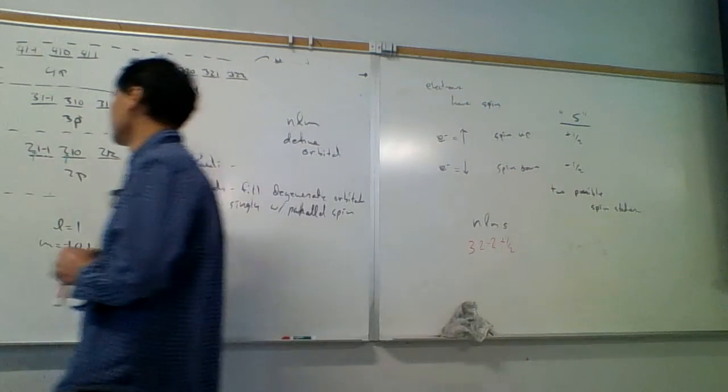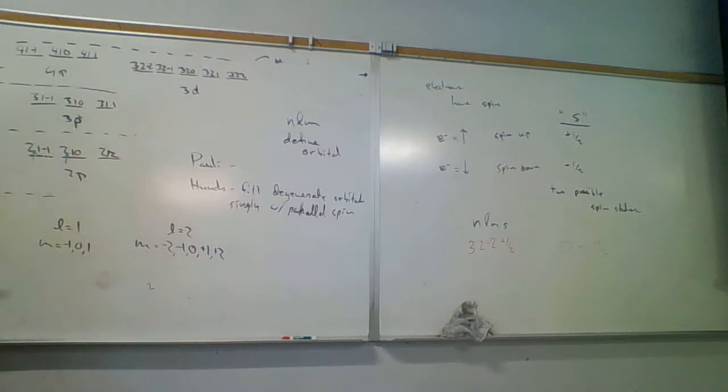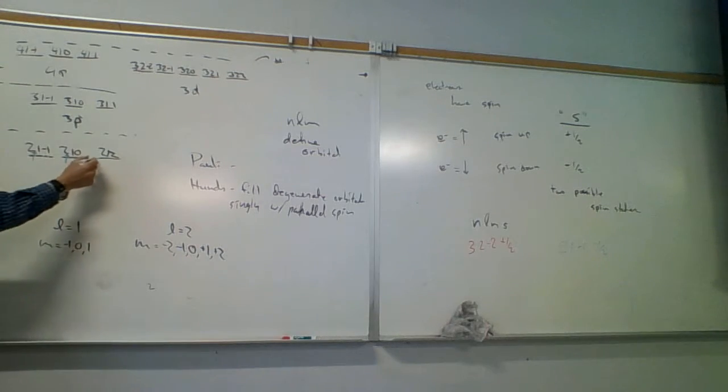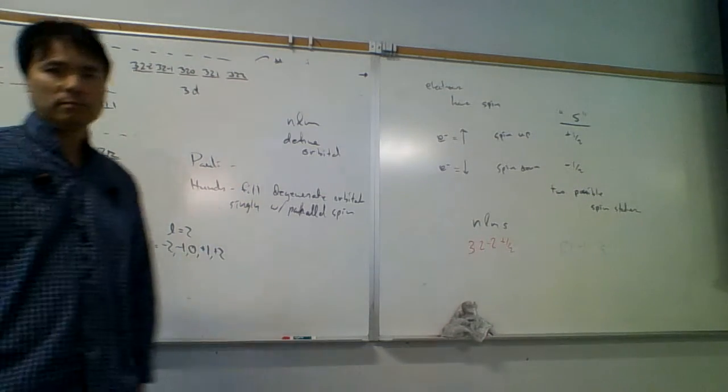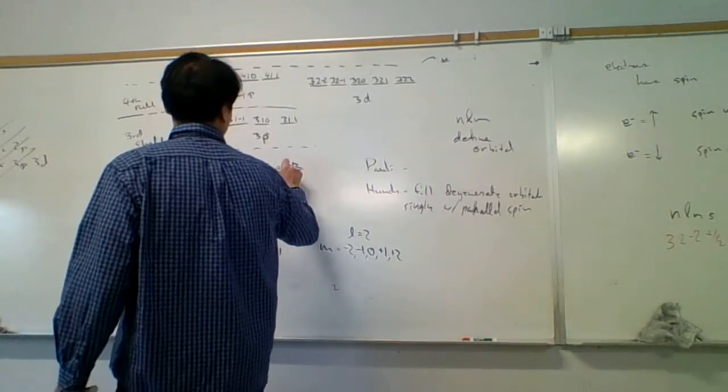Carbon has 6 electrons. Nitrogen has 7 electrons. So where should the 7th electron go for nitrogen? Yeah, over here. And spin up or down? Yeah, spin up. Nitrogen would be like this.